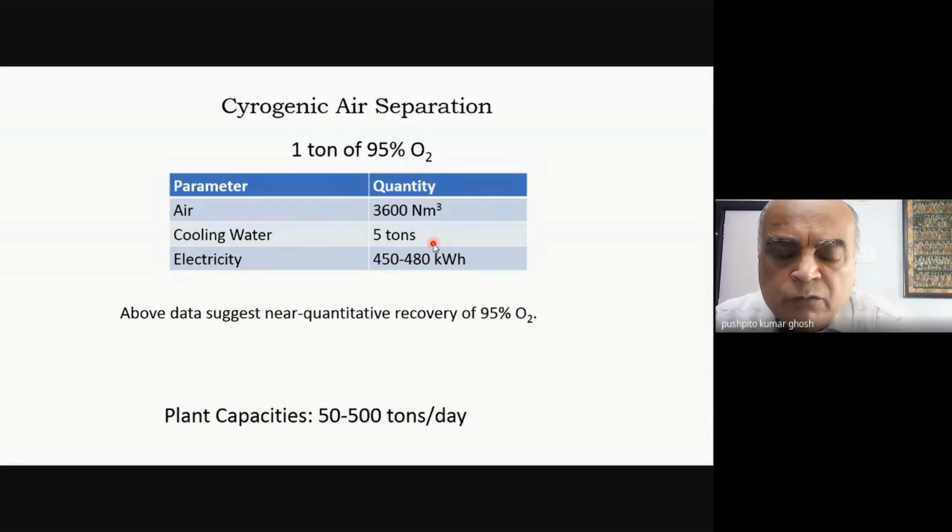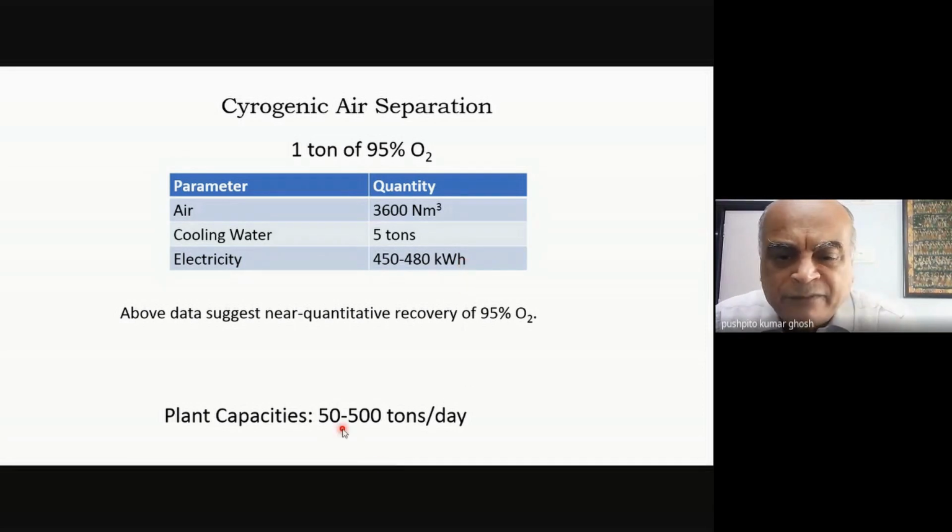You remember the cooling water with which, after the compression of the air, we have to first draw off the heat before you do the further cooling. And the power requirement for the compression and for everything else, pumping and things like that, comes to roughly about half a unit per kg. You can think of it. So it's roughly about 450 to 480 kilowatt hour per ton of oxygen.